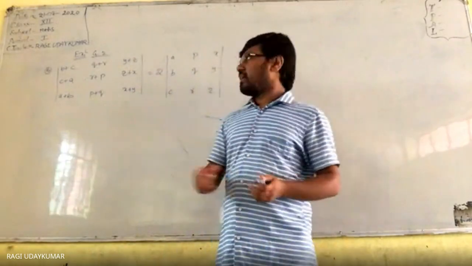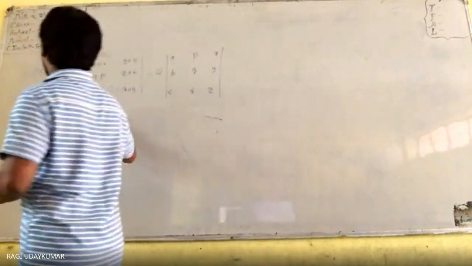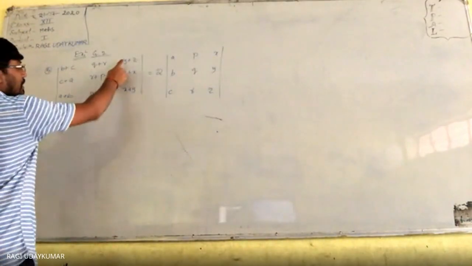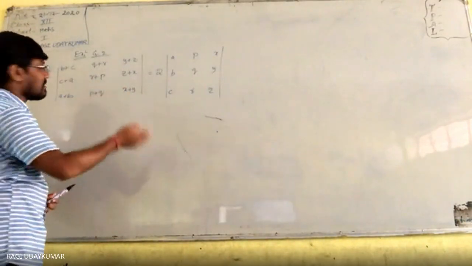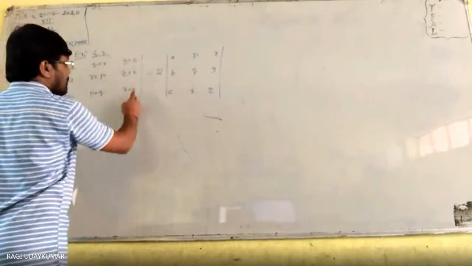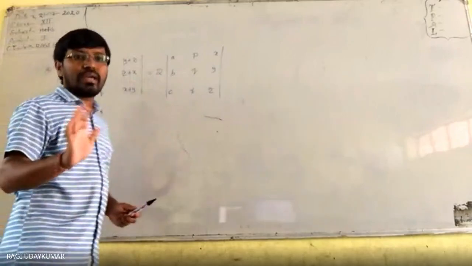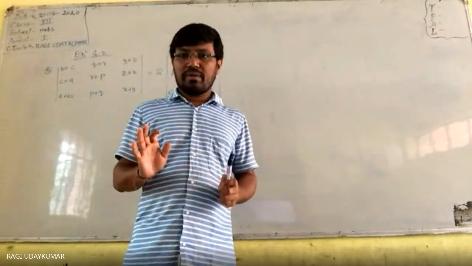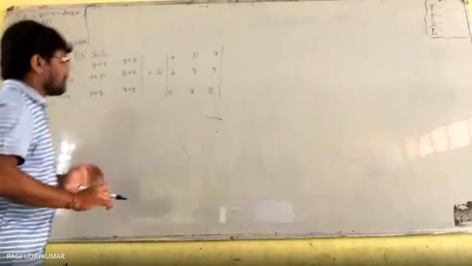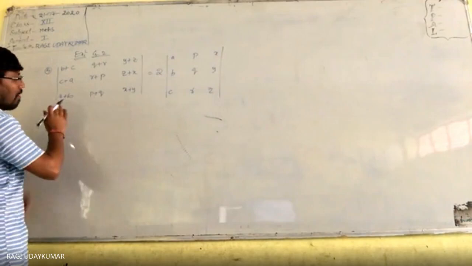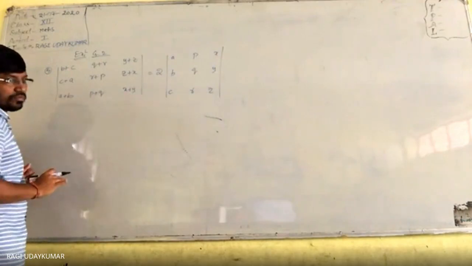Students will try to make a mistake by writing B, C, Q, R, Y, Z in one matrix and C, A, R, P, Z, X in another. No, you cannot write like that. Do remember that. Our intention is first to take C1 along with C3.